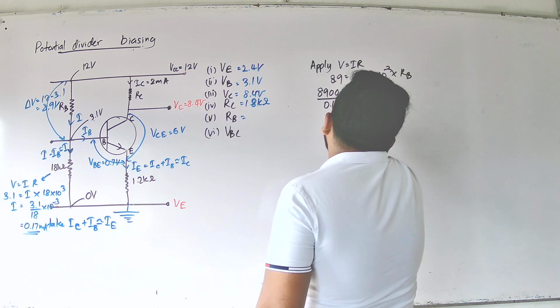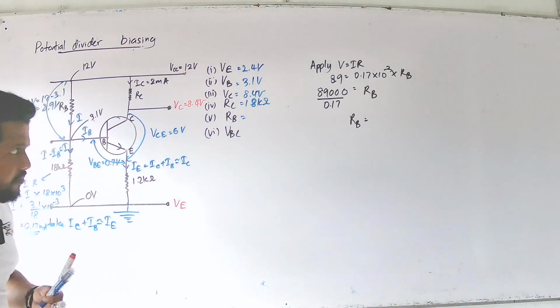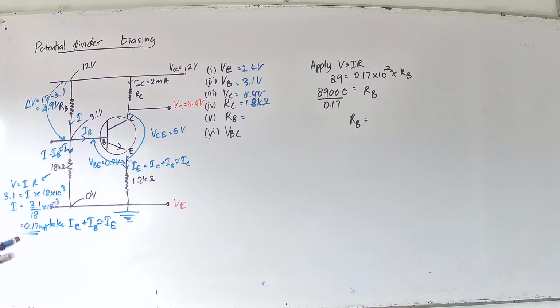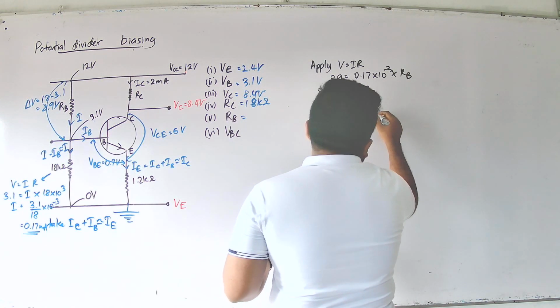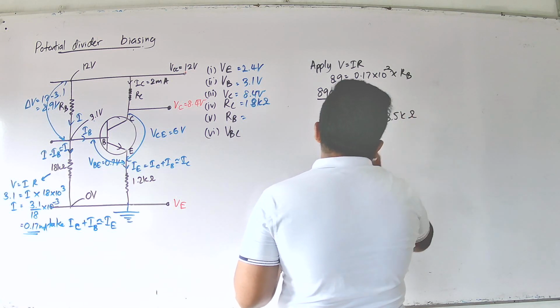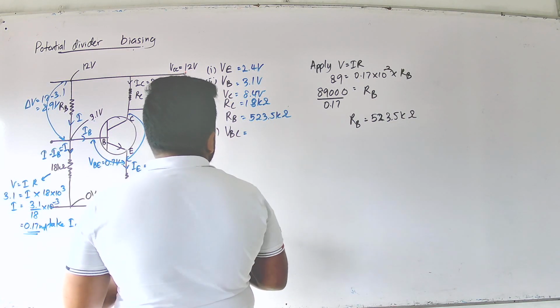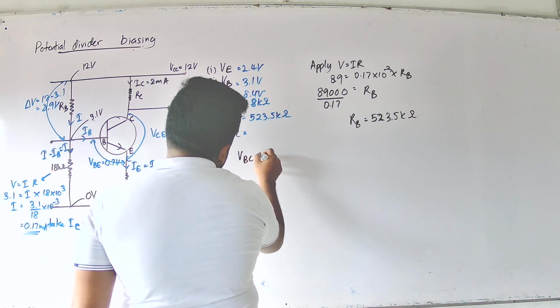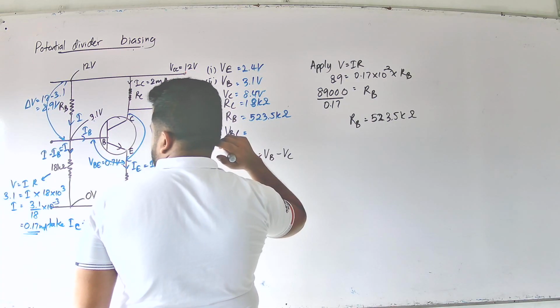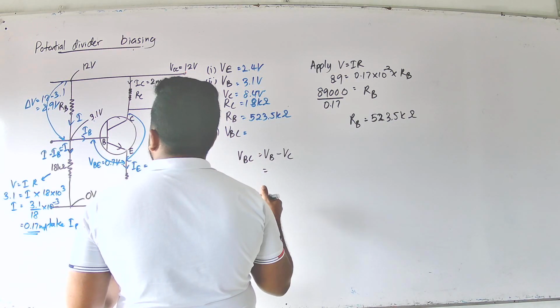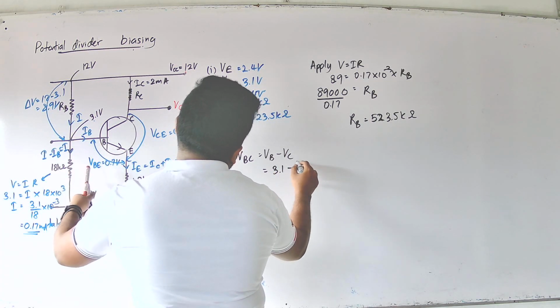So RB equals to what? 52.3.5 kilo. So what is the VBC? VBC means VB minus VC. VB means 3.1 minus VC means 8.4.